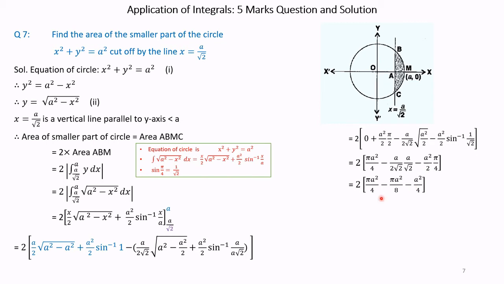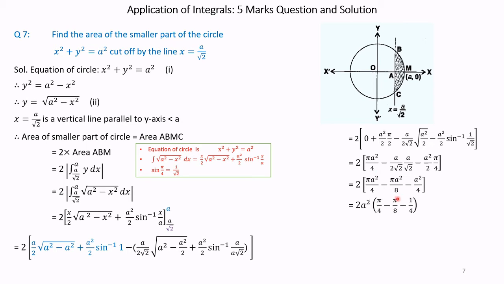Therefore, that is equal to 2 into pi into a square by 4 minus pi a square by 8 minus a square by 2 into 2, that is 4.